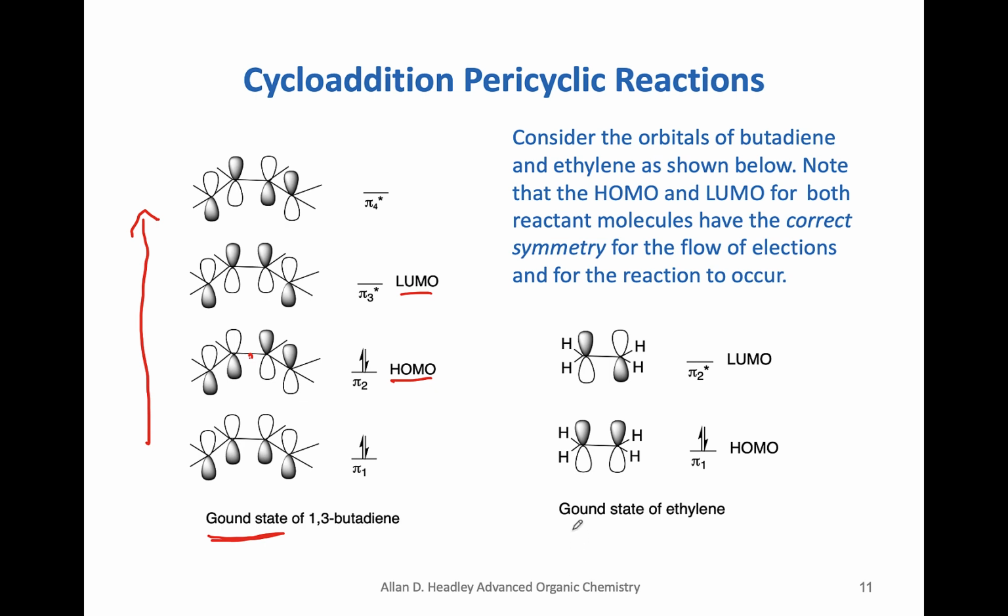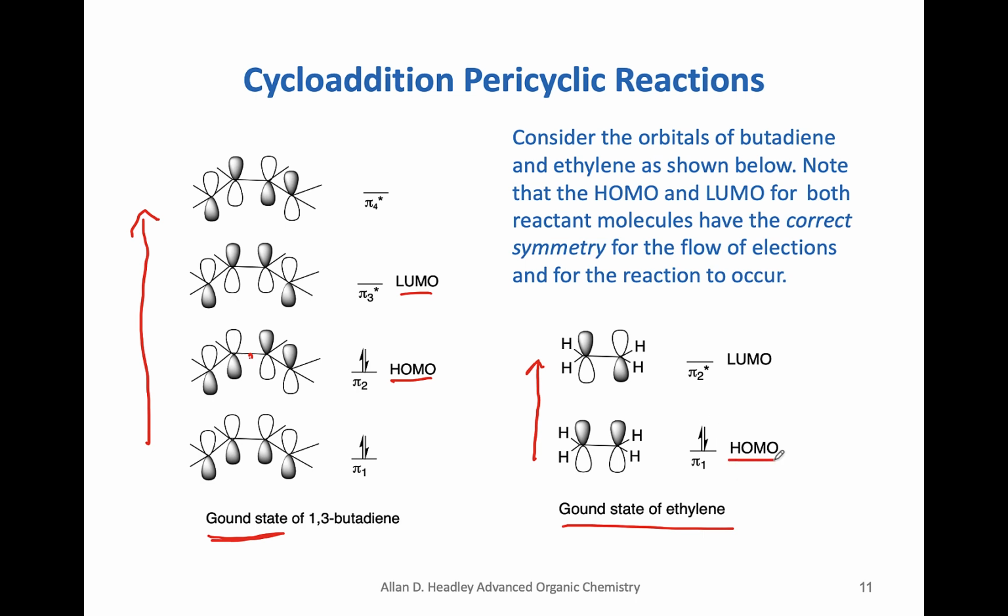Let's look at the ground state of the other reactant, ethylene, which has 2 pi electrons and hence 2 molecular orbitals, or pi molecular orbitals. Here's pi 1 and pi 2, 2 electrons. Energy again is going in this direction. So this is the lowest pi molecular orbital, and we have 2 electrons here.